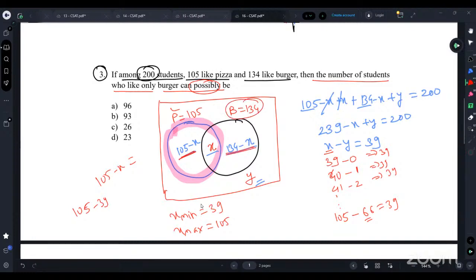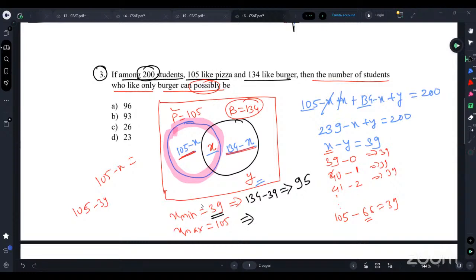Now let's calculate the number of students who like only burger: 134 minus X. What will be the maximum number of students who like burger? That will be 134 minus 39, because I am keeping the minimum value of X here. 134 minus 40 is 94, so it will be 95, right?